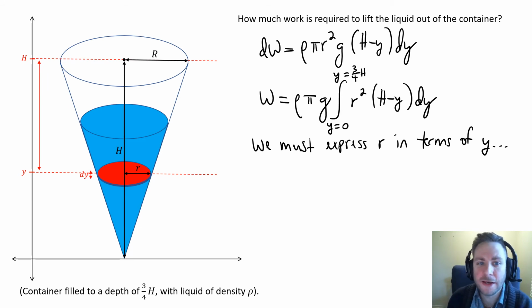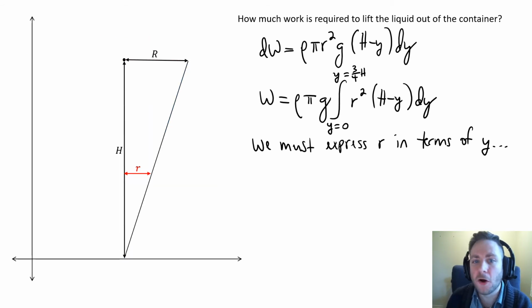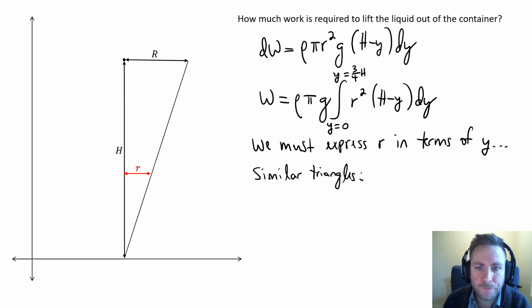The key to doing that is to look at our diagram and remove all the distracting information. By doing that, we can see the formation of similar triangles. Let's see if we can identify the dimensions of these triangles. On one hand, we have the big triangle with sides of length capital R and capital H. And there's also this little triangle with sides of lowercase r and what?